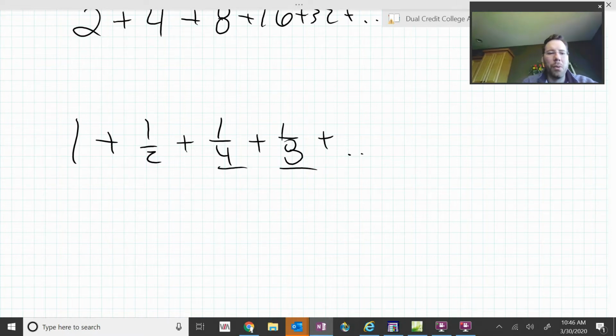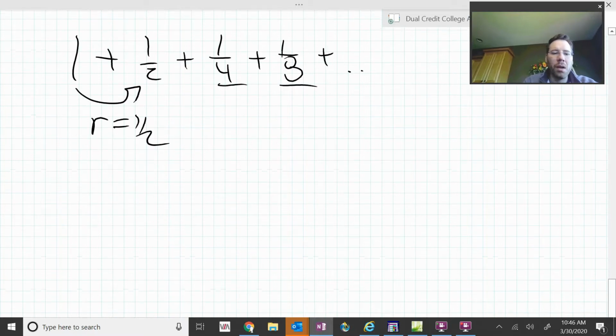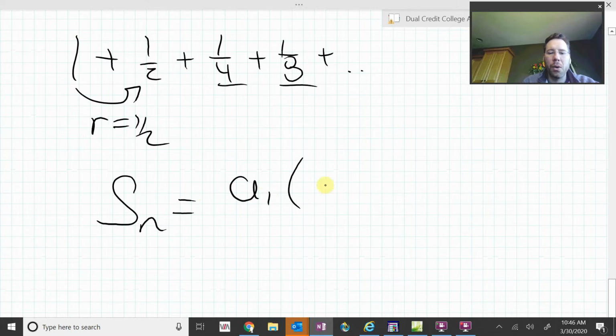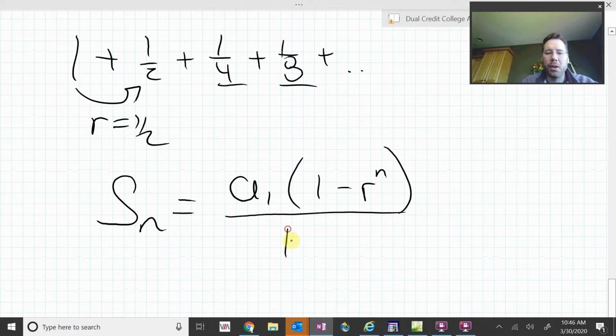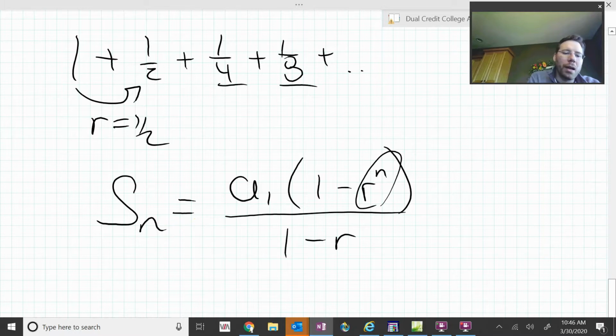But let's think about what r here is. So r would be a half. So if I look at my formula that I just wrote down, S sub n equals a1 times the quantity 1 minus r to the n, over 1 minus r, where only the n is affecting the r. Look at this r to the n. Now, what if n is approaching infinity? In calculus language, I would write the limit as n goes to infinity.